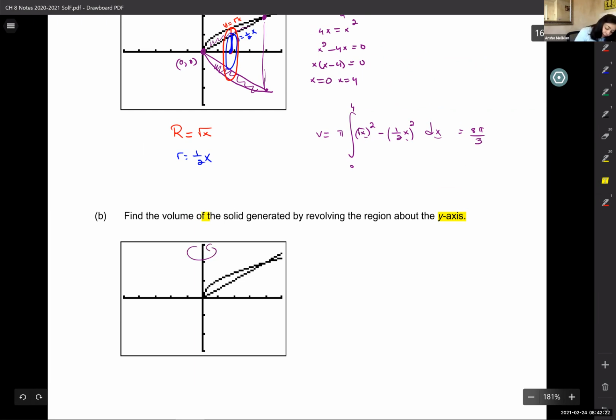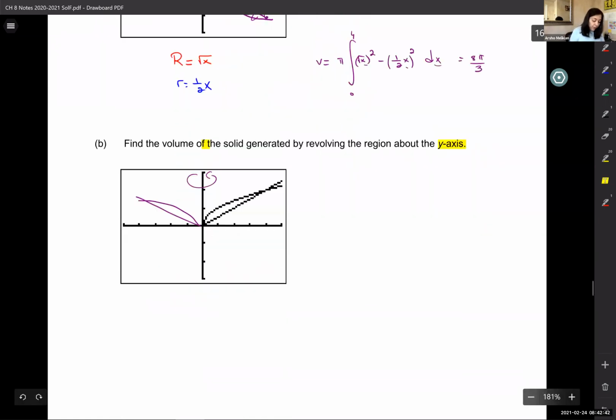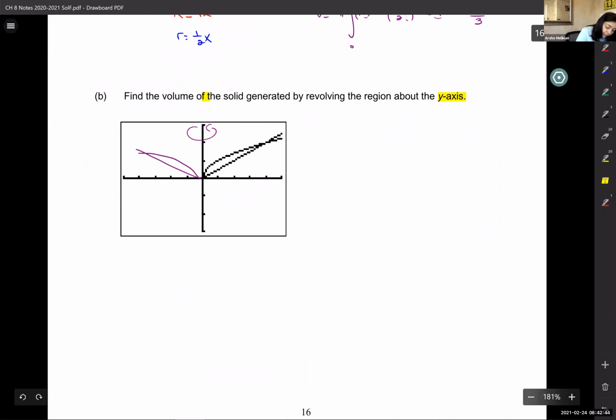And when I do that, I get something different, right? That's a completely different solid. Do you see how different the two solids look, right? So by revolving it around another axis, now I've got another solid. Another solid means a different volume, okay? Now, my discs look like this. This is the outer disc, and this is the inner disc.